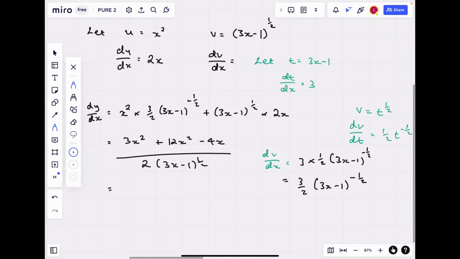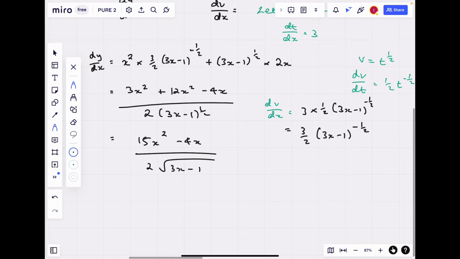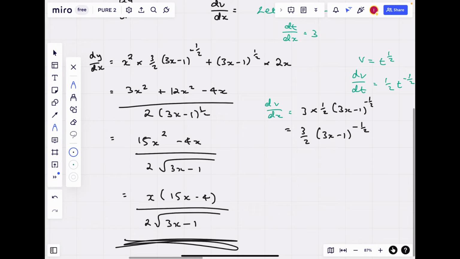And now this would simplify to 15x squared minus 4x all over 2 root 3x minus 1. And if we take it a step further, we can factorize out the x. That would be the final answer.